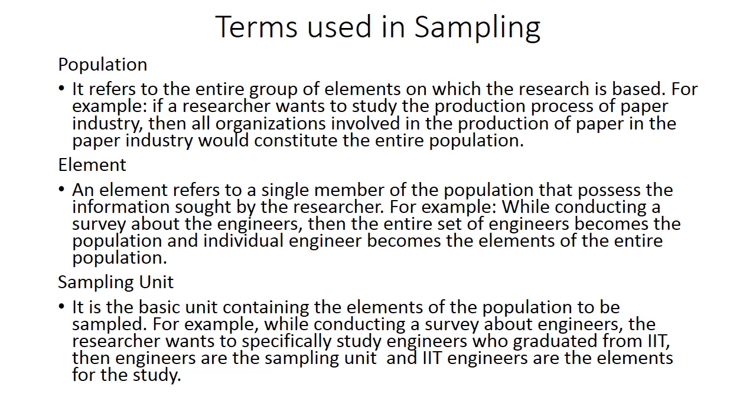Now, these are the terms which were discussed in the class previously also. To begin with, we need to understand what population is. Population refers to the entire group of elements on which the research is based. For example, if the researcher wants to study the production process of the paper industry, then all the organizations involved in the production of paper in the paper industry would constitute the entire population.